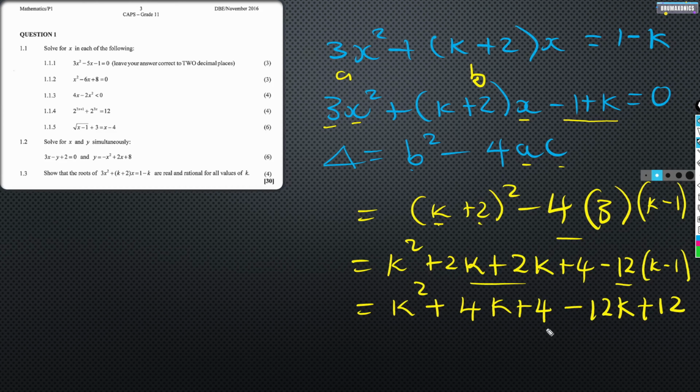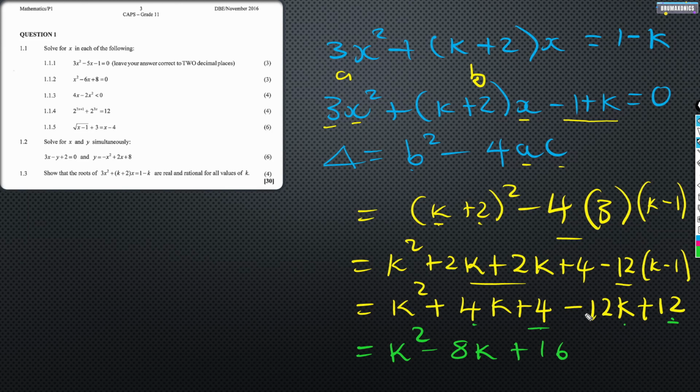It's just getting complicated. 12 plus 4 will give us 16, and negative 12k and 4k here will give us negative 8k. So this is equal to k squared, negative 8k, and then 4 plus 12 will give us plus 16.